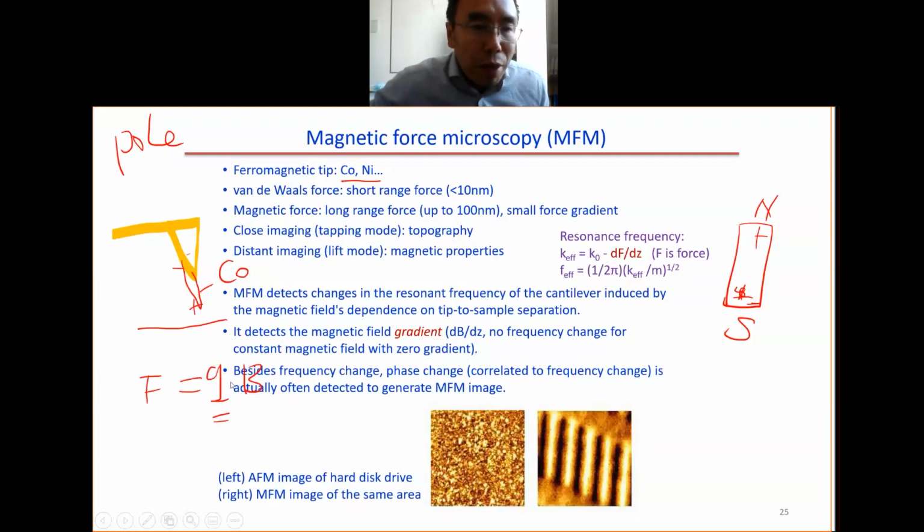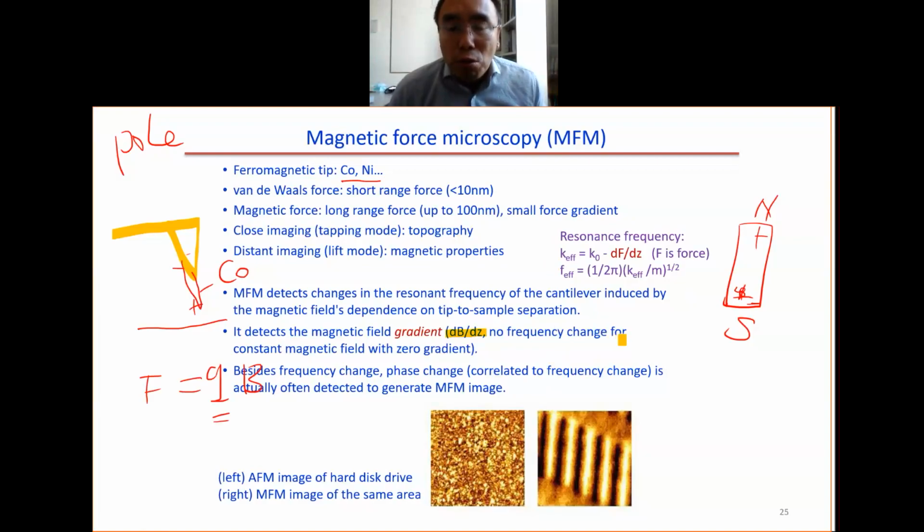So the force is given by magnetic charge times the magnetic field. Because we detect dF over dz, we detect dB over dz. That means we detect the gradient of the magnetic field. This will be large at the boundary of the two domains.